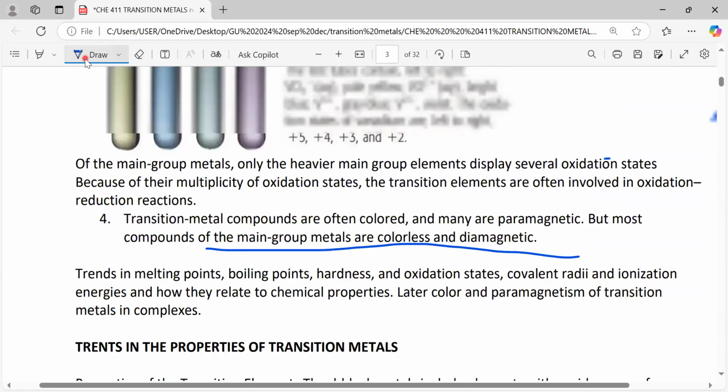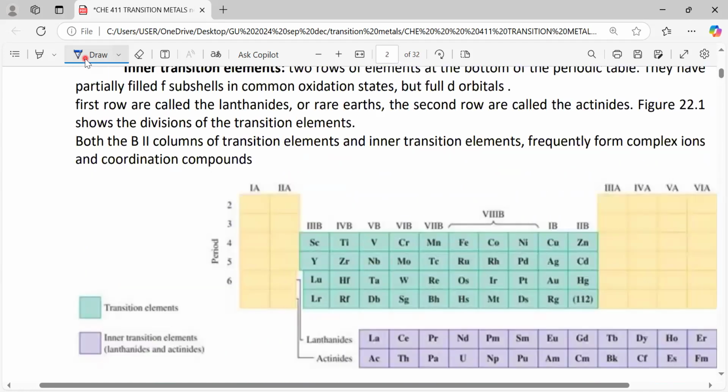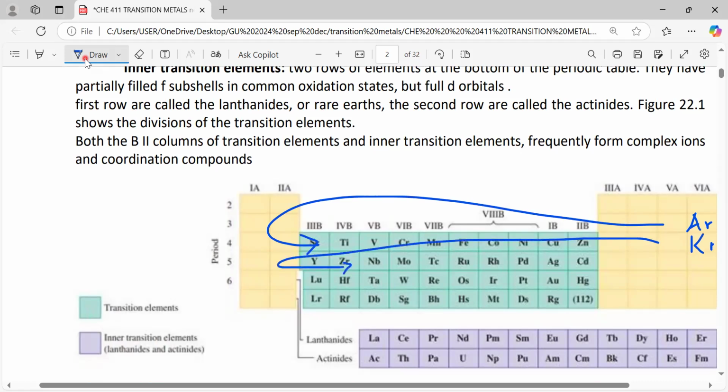They actually occur before each. This periodic table is incomplete, so we can't use it, but you'll find that argon comes here and is used in this group. Then krypton comes there, and it is used in the next group.